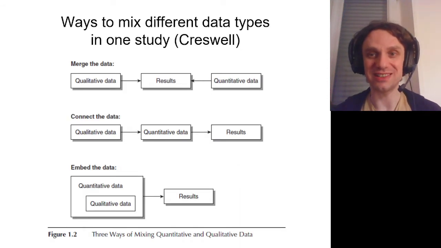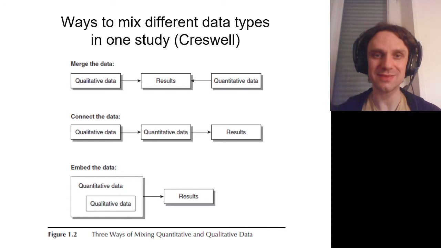This language and this classification comes mainly from the work of John Creswell, who is a methodologist in the field of mixed methods. And in his early work, he proposed different strategies for combining quantitative and qualitative data. One strategy is called merging the data.